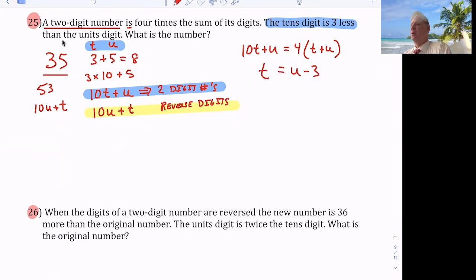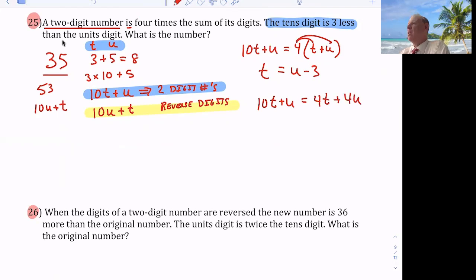Very nice. All right. Now, I really want to highlight this real quick and simplify this, because there's a bunch of T's and U's, correct? So I want everybody to focus on this for a second. I'm going to rewrite 10t plus u, and I'm going to distribute the 4. So that's 4t plus 4u.